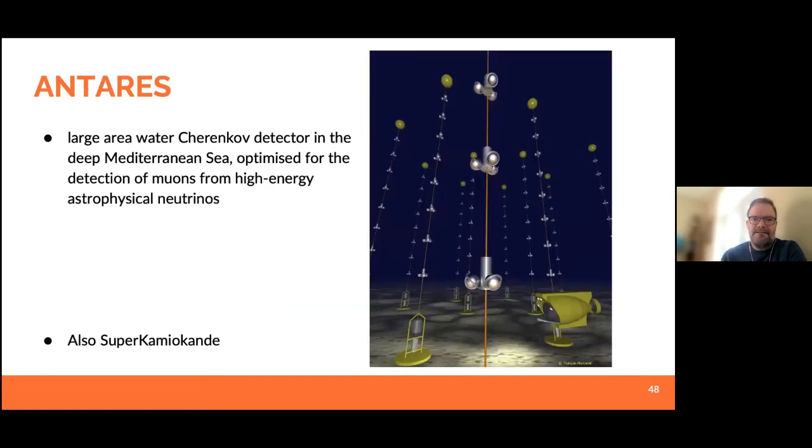ANTARES is a similar principle, not quite as big. It's a large area water Cherenkov detector that is in the Mediterranean Sea. And again, you look for light signals, but it's optimized for muons from high energy astrophysical neutrinos.